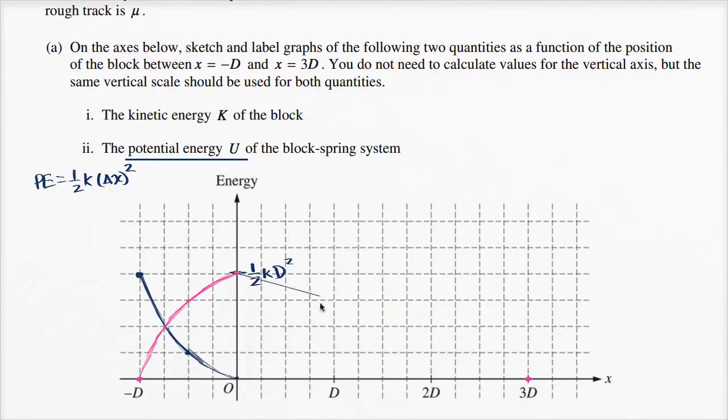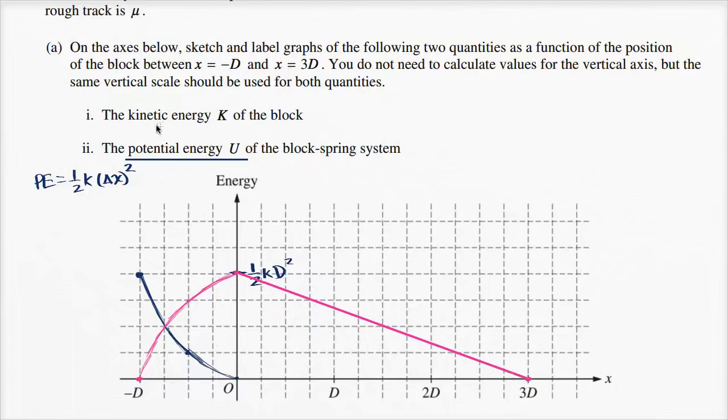Let me draw that. It's going to be a linear decrease just like that. The key thing to remind yourself is this is a plot of energy versus position, not velocity versus position or velocity versus time or energy versus time. This is energy versus position, and that's what gives us this linear relationship right over here.